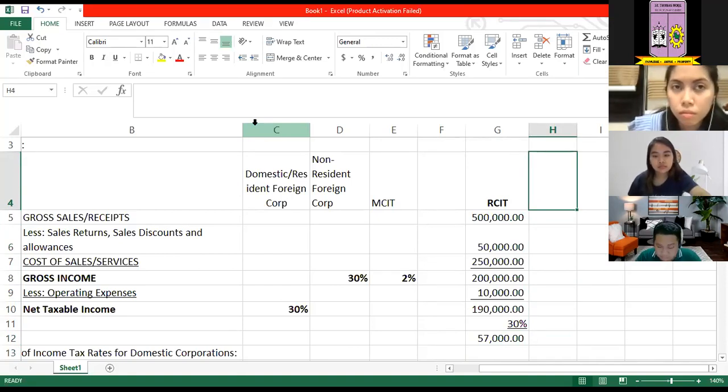Kasi it would be impossible for you to conduct business and at the same time incur losses for 4 years already. Paano ka nakaka-survive kung losses ka, 'di ba? So, there is something wrong sa declaration mo. Kaya merong MCIT.